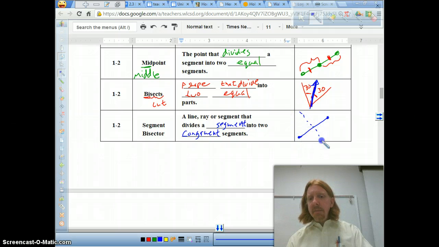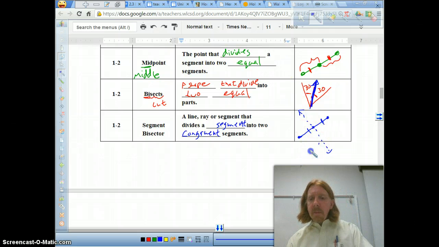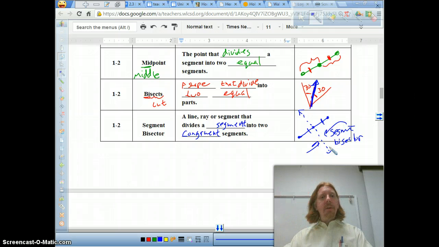Here's a line that comes through it, and it creates two congruent parts. Thus, this line is my segment bisector. All right, there's your vocab for 1-2.